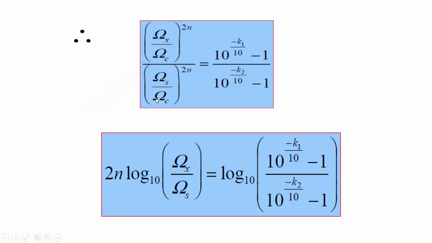Omega c will cancel out, and we are left with this, which will be omega x by omega s. We will take log on both sides. Once we take log on both sides, the 2n, which is raised to the power, can come out, and this will be log to the base 10 of this expression.